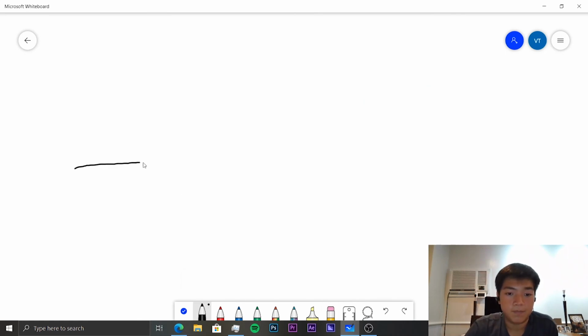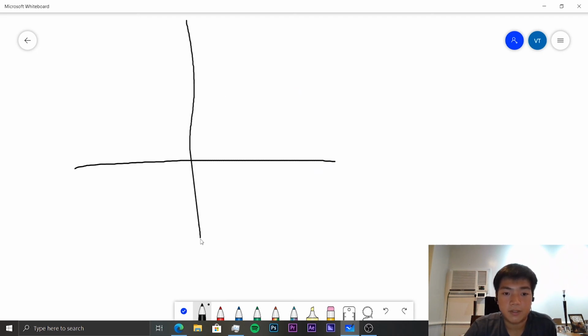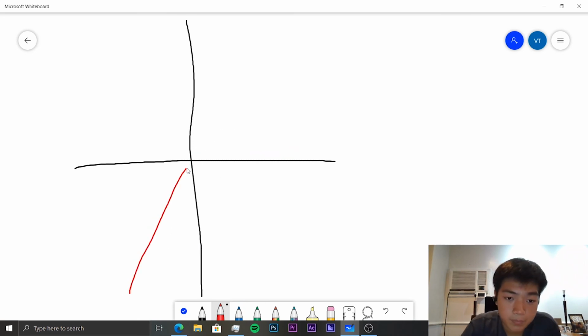Okay, so we have function c over here. And our original f of x looks like this. Up and up. And our new function looks like this.